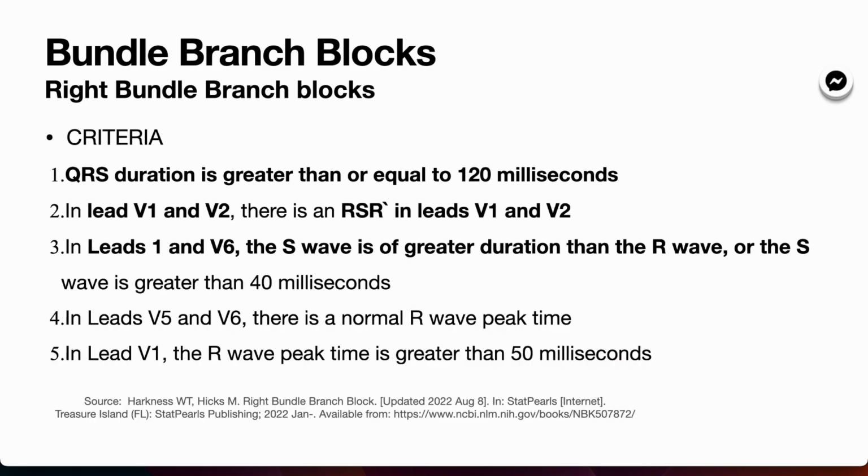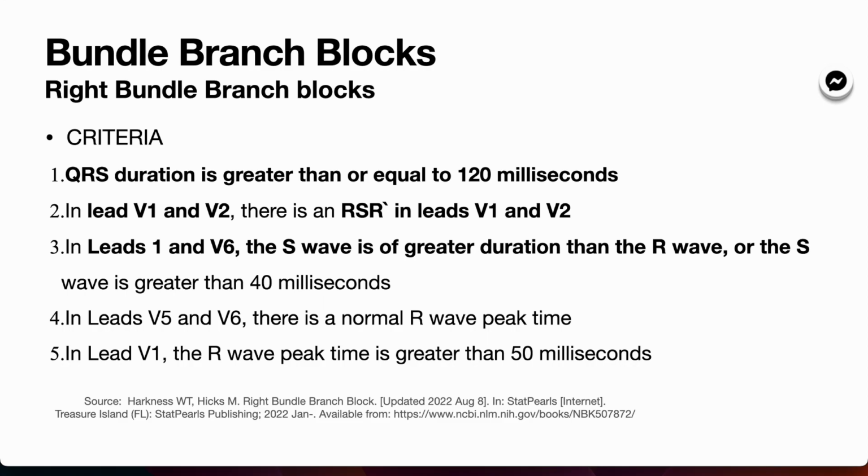So there's a criteria for the right bundle branch block. The criteria are as follows. The QRS duration is greater than or equal to 120 milliseconds, or 3 small squares. In leads V1 and V2, there is an R, an S, and another R, which we call an R prime.